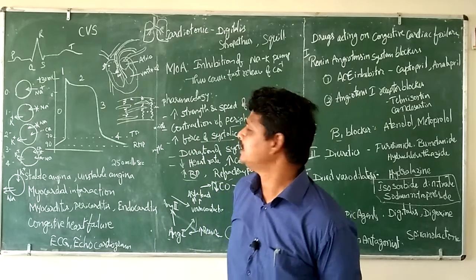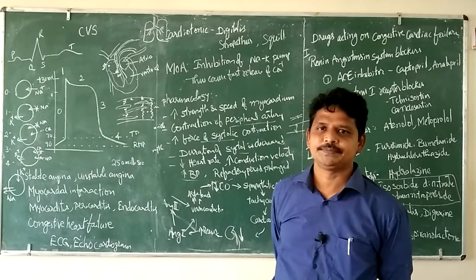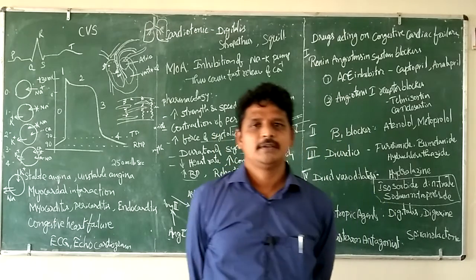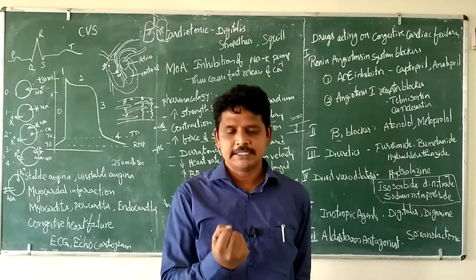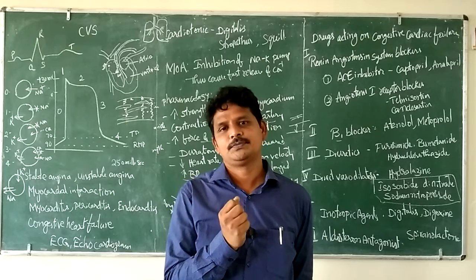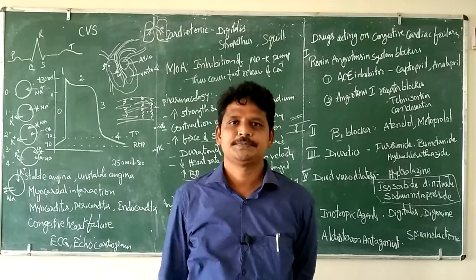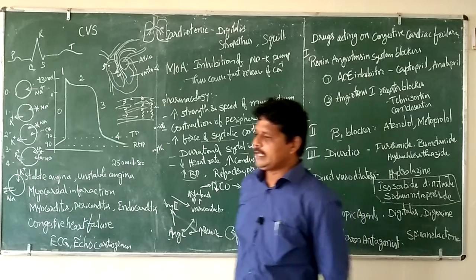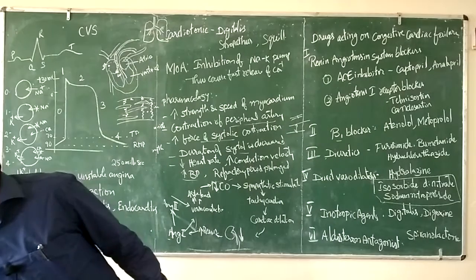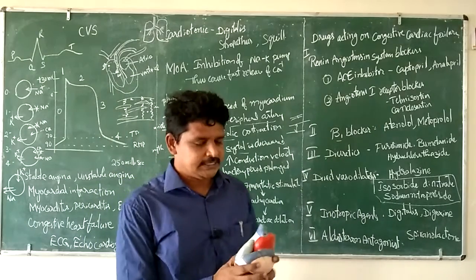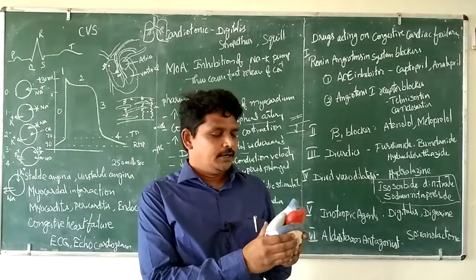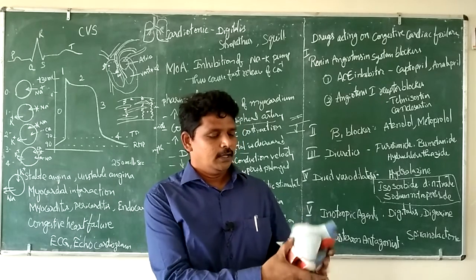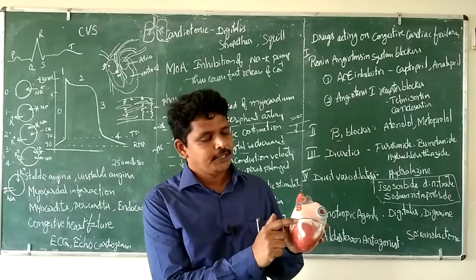Let's start with the anatomy of the heart. Heart is a muscular organ. Its shape and size are like a fist, which consists of 4 chambers. Normally the heart, as this is a normal demo of the heart, we can see the blood vessels on the heart.